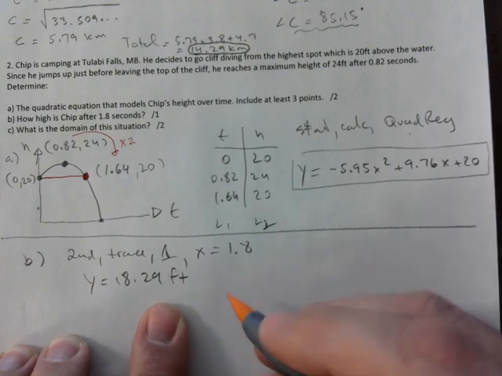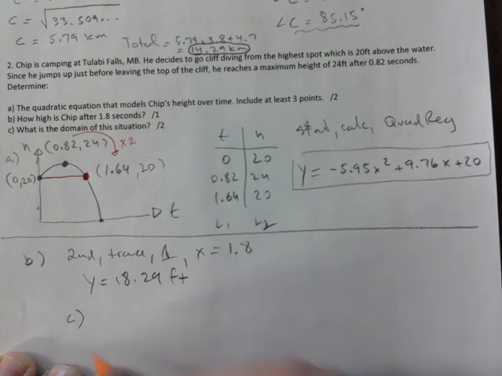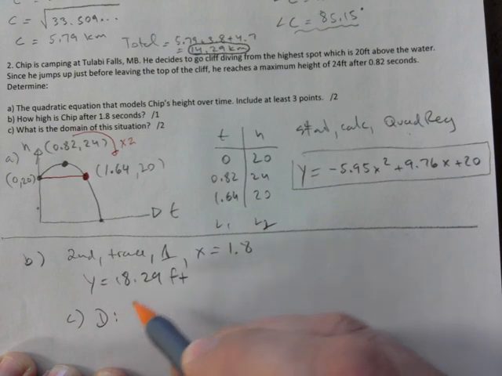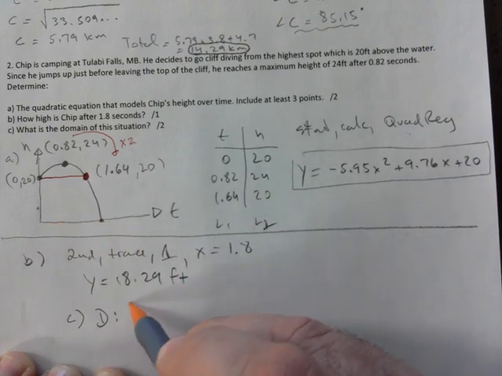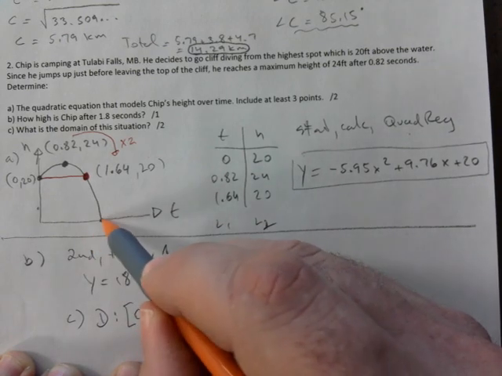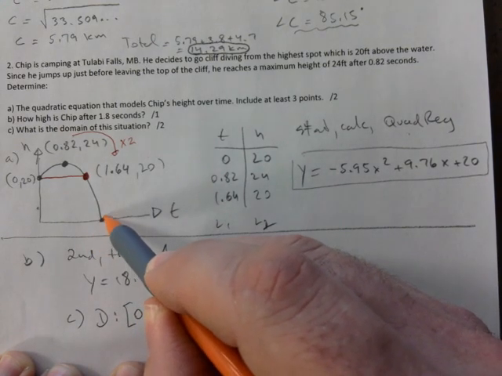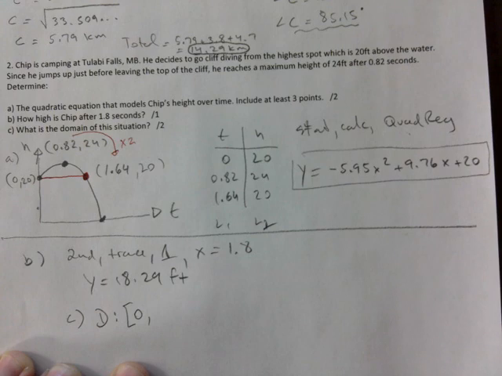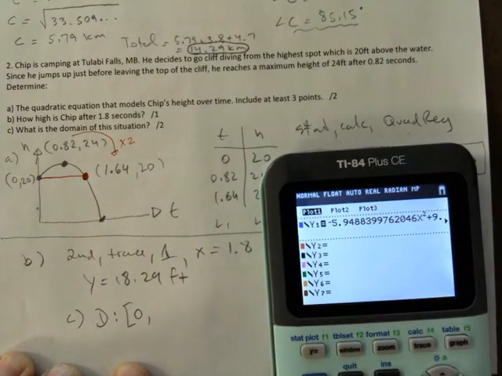Just go feet there. What is the domain of this situation? I don't know why I didn't ask for range, but the domain would be the x values, acceptable x values, right? So it starts at time 0, and it will end when you hit the water. In this case, we need to find that x-intercept.